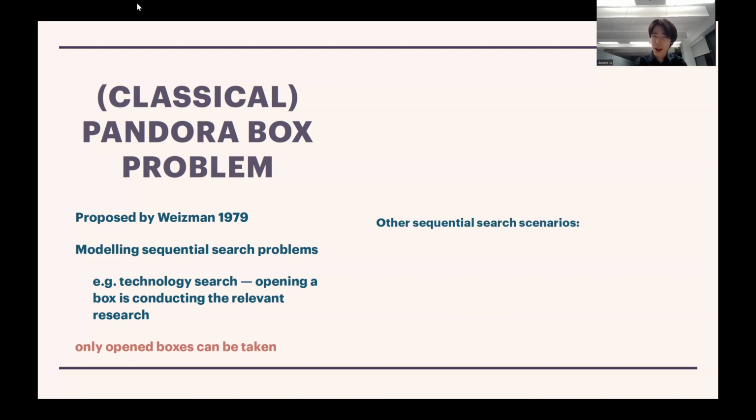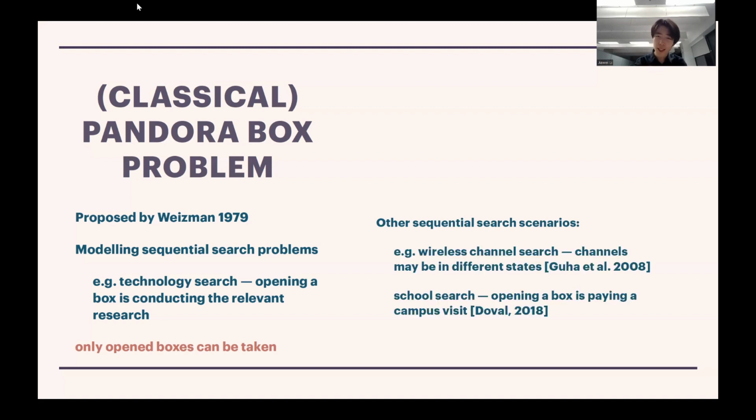However, there are some other sequential search scenarios. One example we like is, suppose you are a graduate student and you get a lot of offers from schools and you can only pick one school to go to. Now opening a box is paying a campus visit. Each school is a box, but for now you only roughly know how good it is.